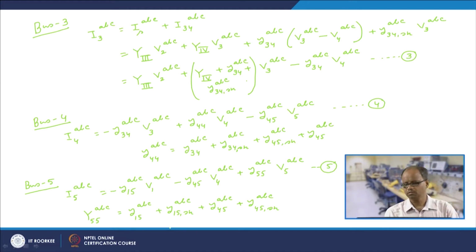So now after writing all these 5 equations, we are ready to write them down in matrix form.